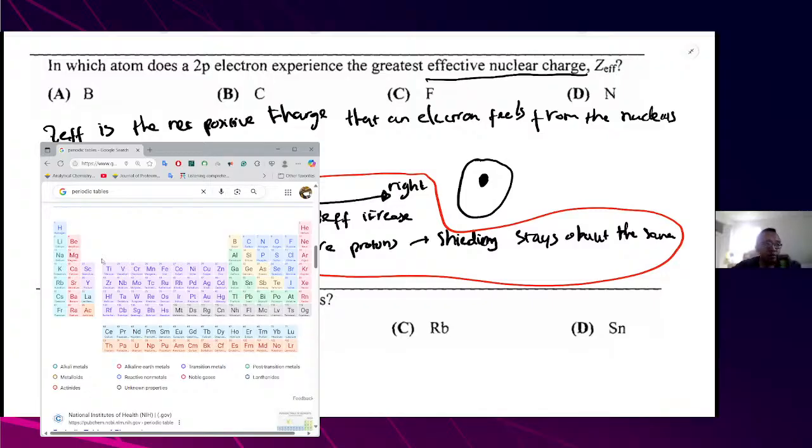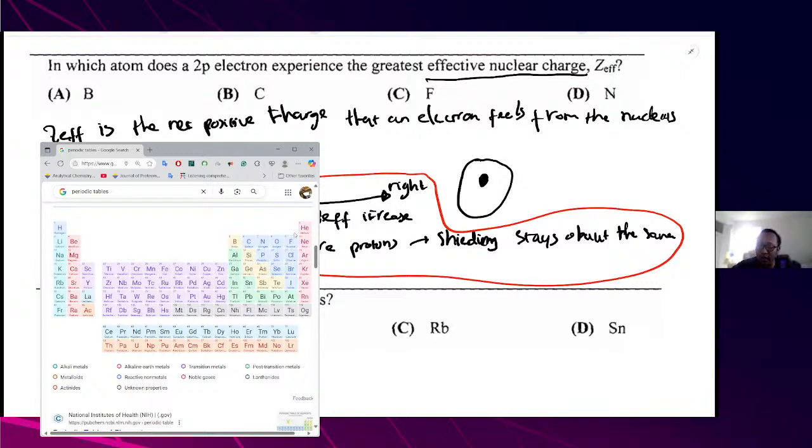So how to solve this problem? Like I mentioned before, ZEFF increases from the left to the right. So which one is the most to the left?